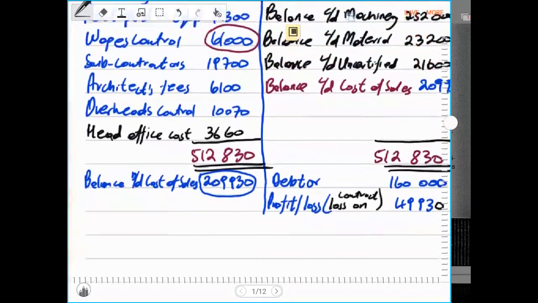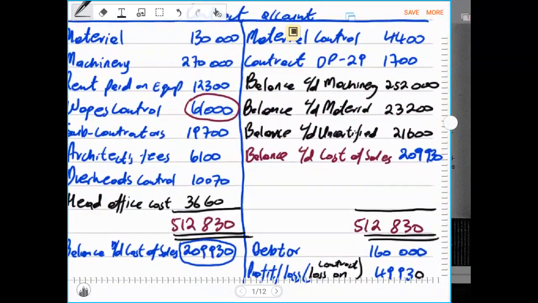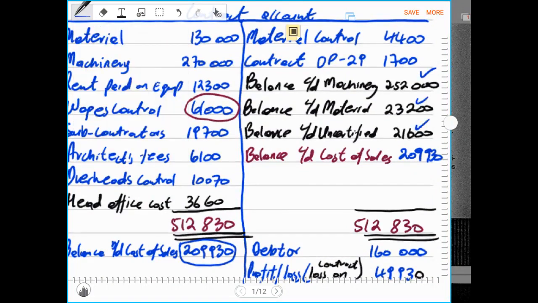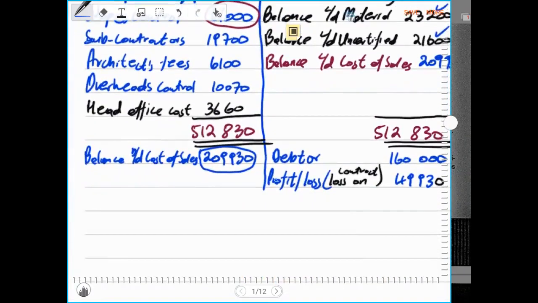Then we have to bring the balances down as usual. Don't forget that. Bring this balance down, and this one, and also this one. So the balance carried down will now be balance brought down on the debit side. Balance brought down for the machinery, which is 252,000 rands.